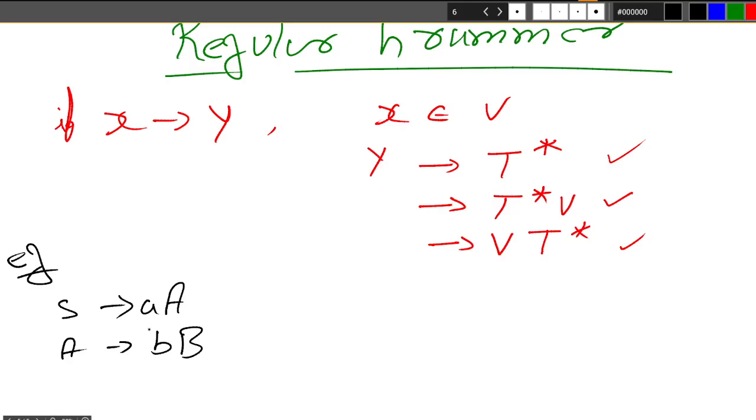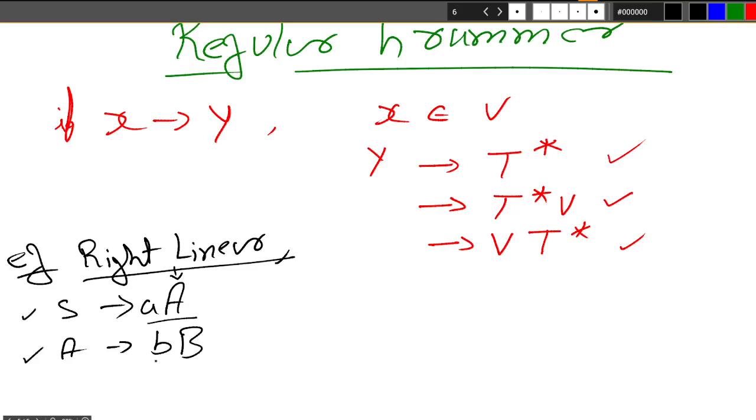Your variable is on the right side, so you will call it right linear. So this rule and this rule, both of the rules are right linear. So this will be a regular grammar.